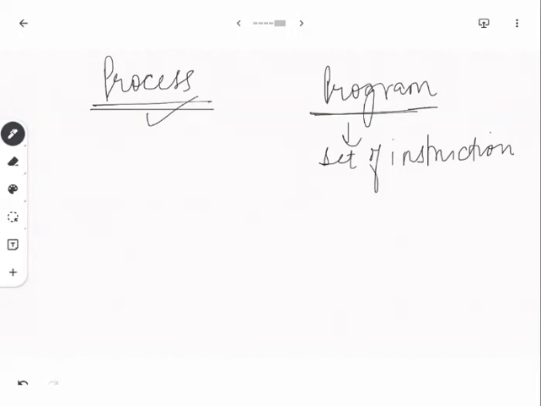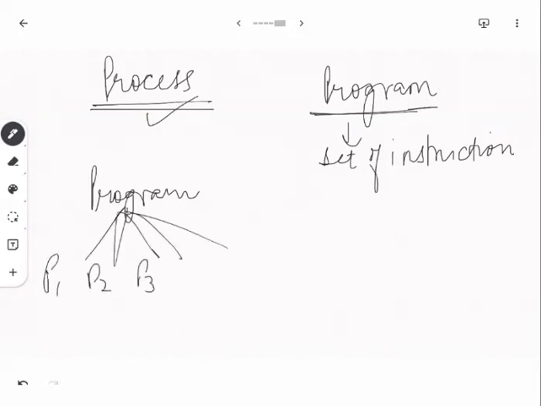But now in the background, what is being done whenever any program is being executed, or you want some output to be generated by the computer system? Any program is divided into several processes: P1, P2, P3, likewise Pn. So what is a process? A process is your program in execution.